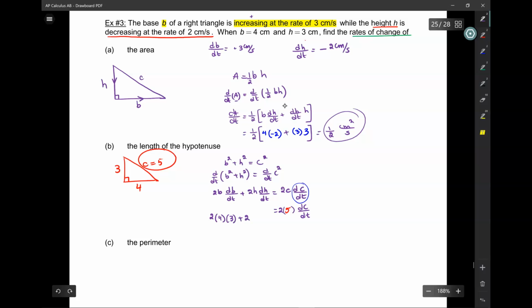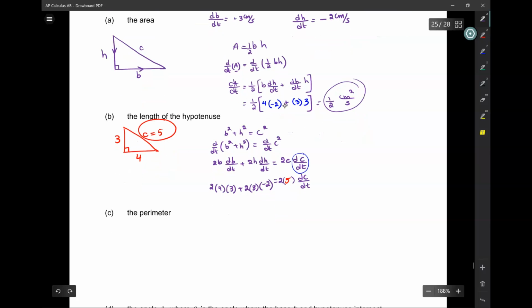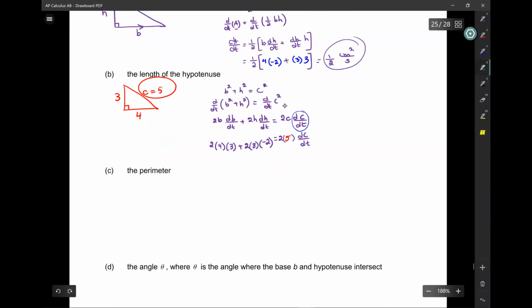Plus 2 times h is 3, dh/dt is how much? Negative 2. I didn't have the foresight, I could have canceled out all those 2's.